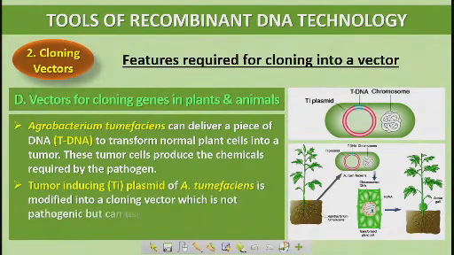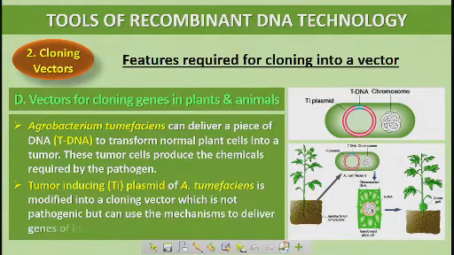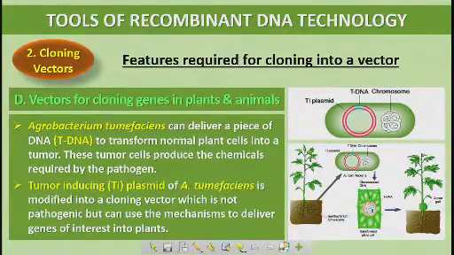Tumor-inducing plasmids of Agrobacterium tumefaciens are modified into cloning vectors, which are not pathogenic but can use the mechanism to deliver genes of interest into plants.